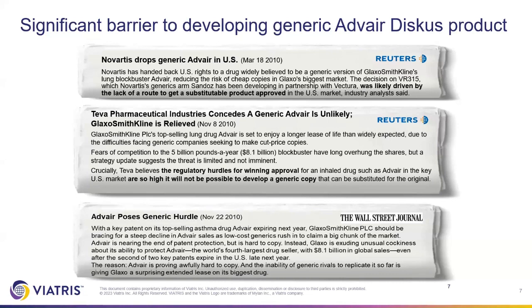And as a result, we were in 2010 with patents expiring in 2011, and Glaxo were feeling very comfortable that there was no one who was going to be turning up anytime soon to try and take US market share from them.